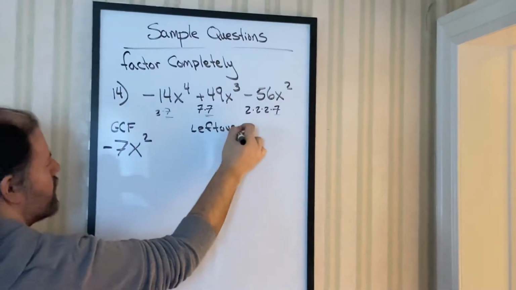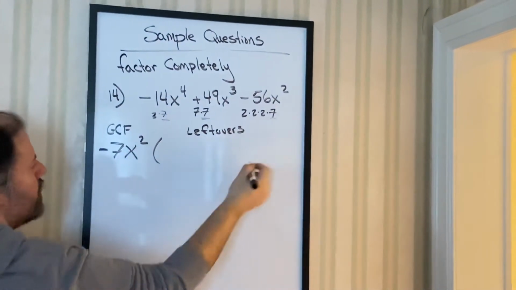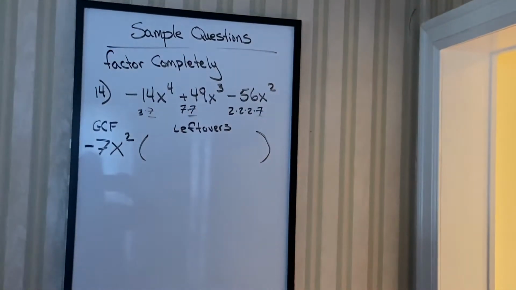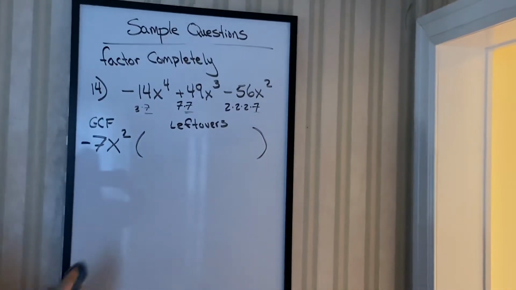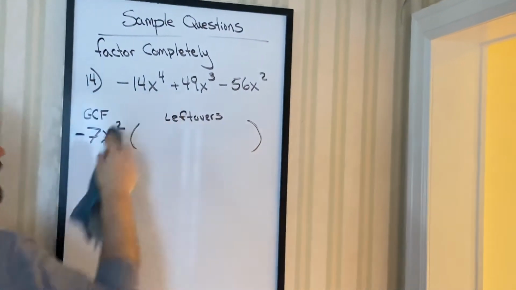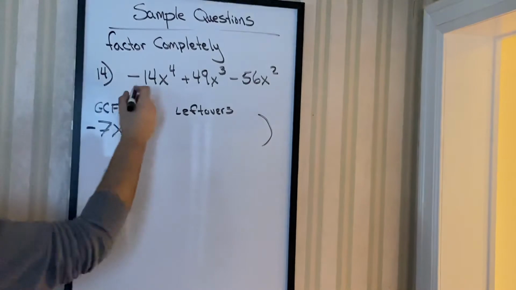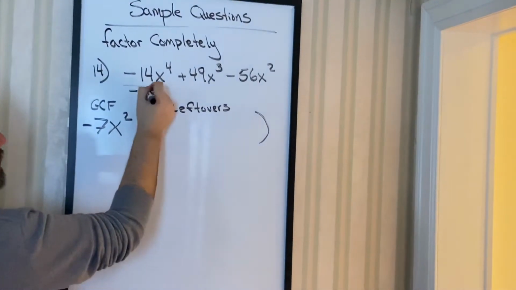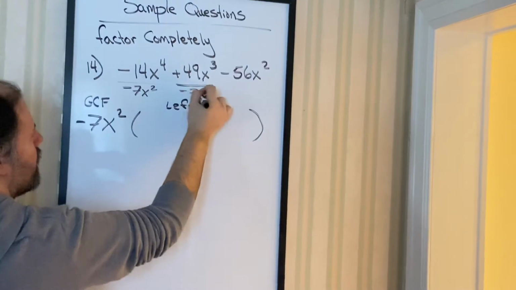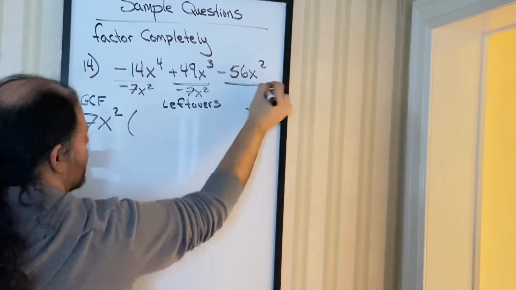Now the leftovers, we always told you, once you find your GCF, is divide each of our terms by the negative 7x squared, the GCF that we just got. So if I divide this by negative 7x squared, make sure you include the sign, we're going to get our leftovers.